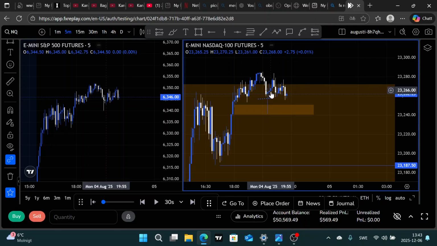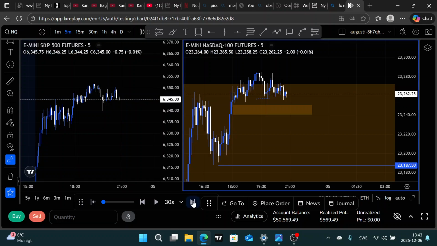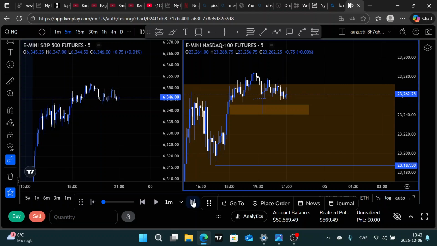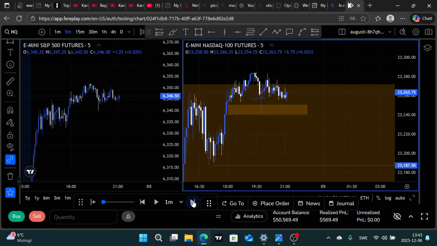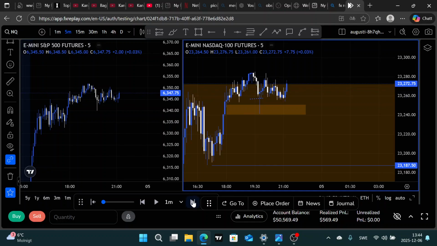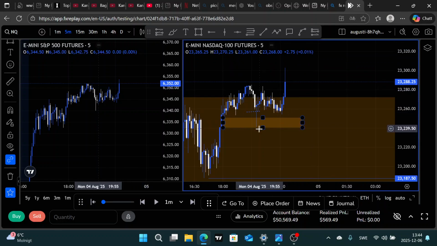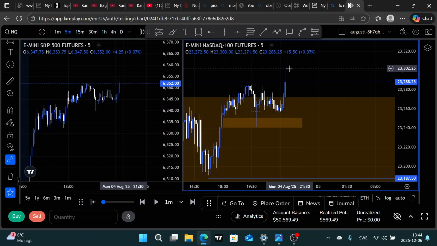It creates value gaps, inefficiencies. So we go a bit faster to see what is happening. Here we go. Now we have a weak downside and a weak upside.